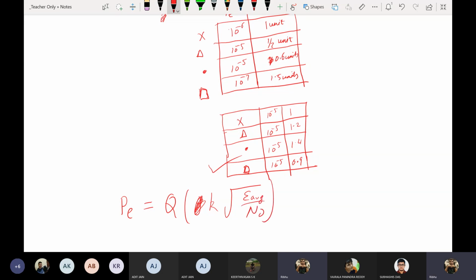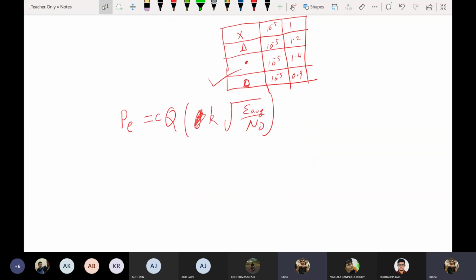Till now, these are the kind of expressions that we have had. And this is a general form.